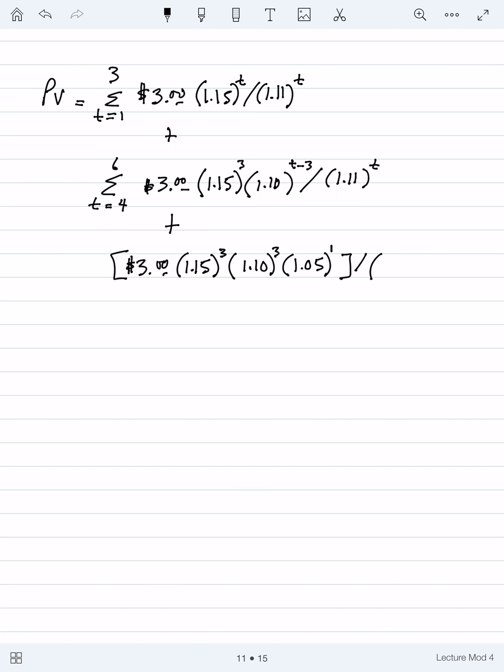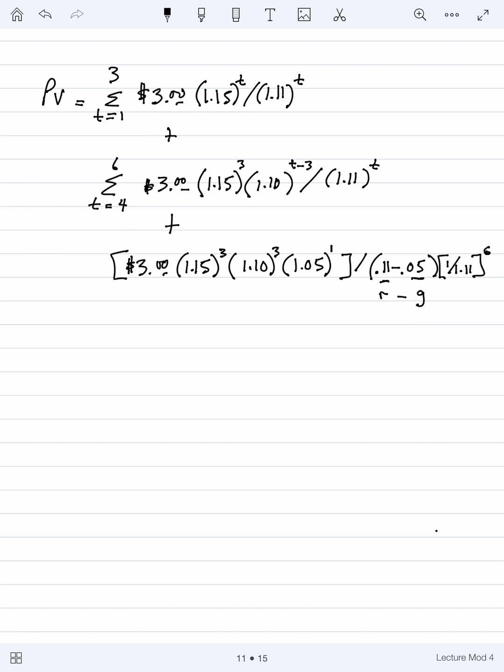Divide by 0.11 minus 0.05. This is the growth rate of the payout, a 5% growth rate here, and here's the required rate of return. So this is R, this is G. That times 1 over 1.11 to the 6th.